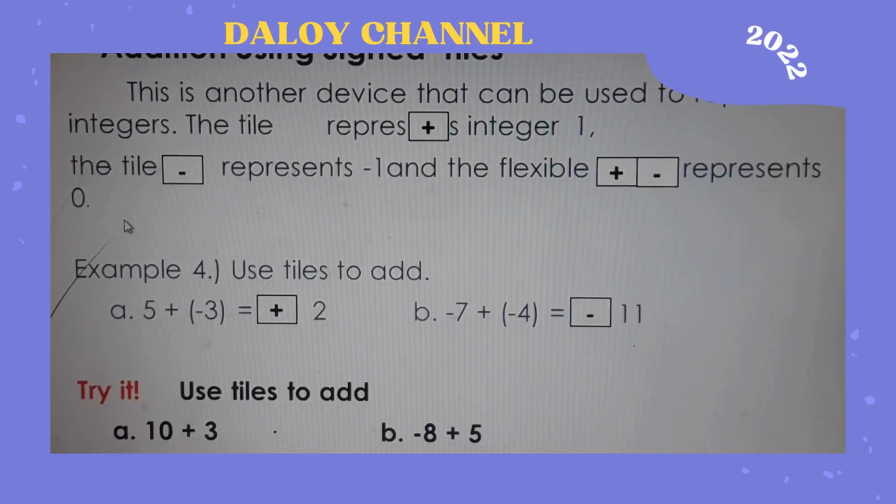So the difference is equivalent to 2. The answer is positive 2. For letter B, negative 7 plus negative 4. So negative 4 will be multiplied by a plus sign, so it becomes negative 4. Again, like signs, we can add numerically. So 7 plus 4 is 11, and the answer is negative 11.